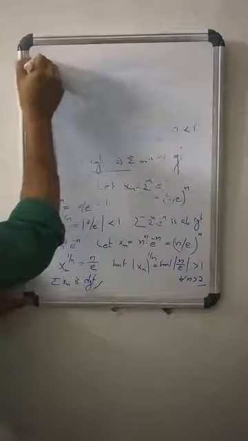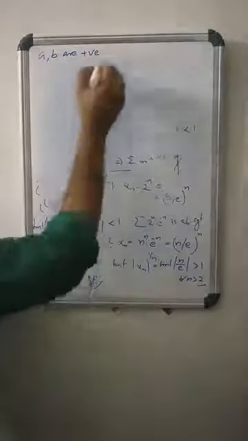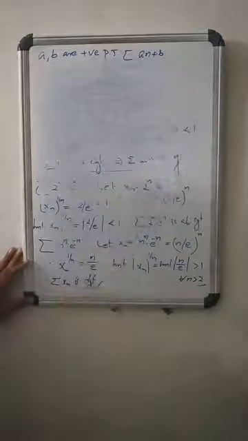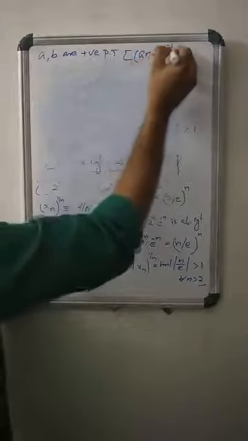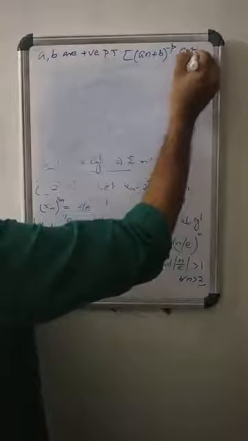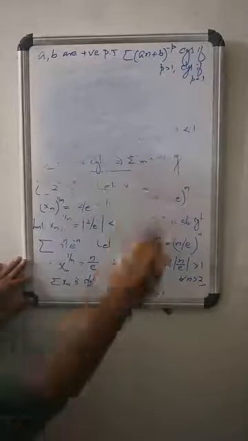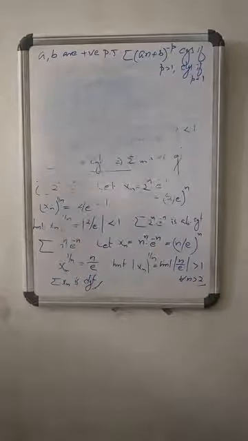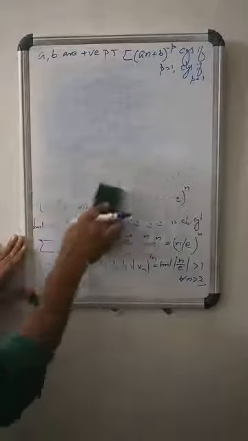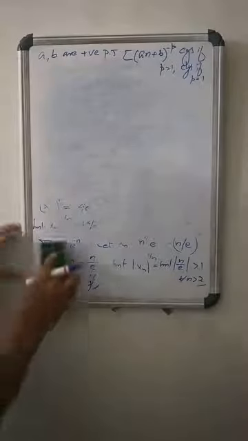Then prove that sigma (an plus b) to the power minus p converges if p is greater than 1 and diverges if p is less than or equal to 1.